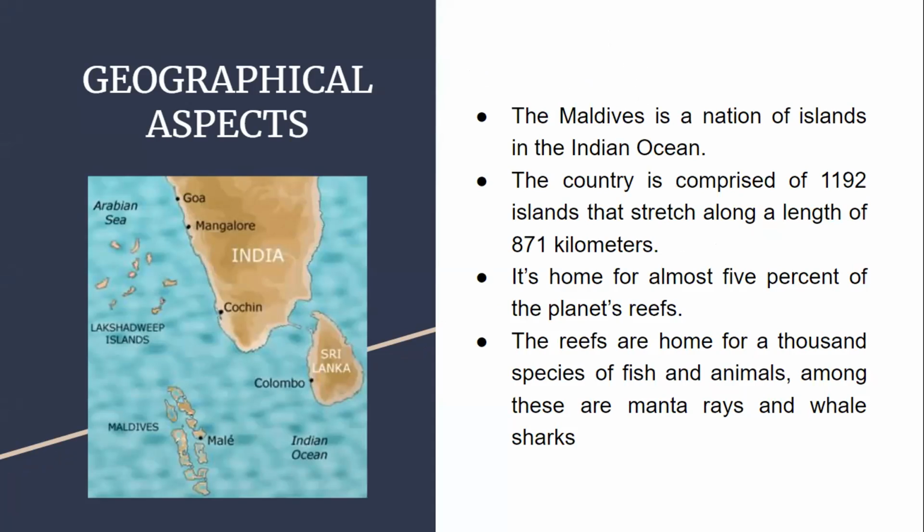The country is comprised of 1192 islands that stretch along a length of 871 kilometers, and it's home to almost 5% of the planet's reefs. And the reefs are home to 1,000 species of fish and animals. Among these are manta rays and whale sharks.